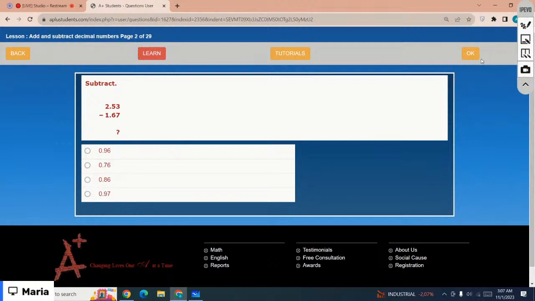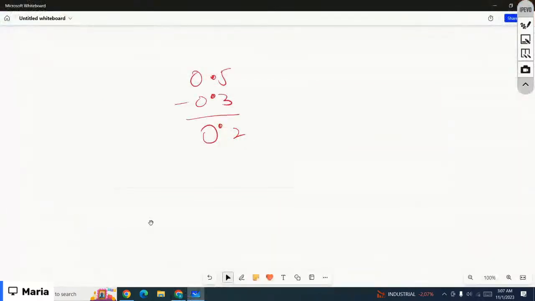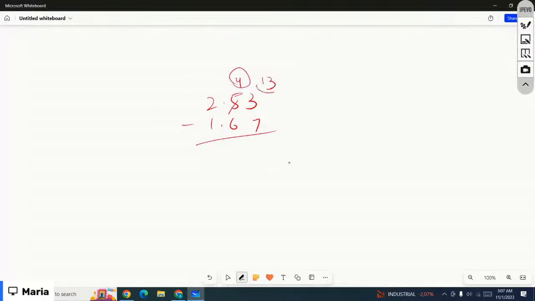Let's just do it. Okay, you cannot subtract 3 out of 7 because 3 is smaller than 7, so you need to borrow 1. Here you have 4, here you have 13. So 13 take away 7 is 6, right?